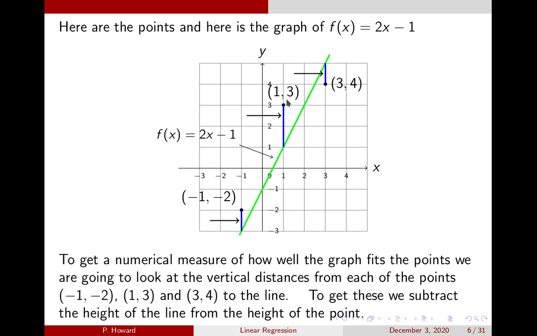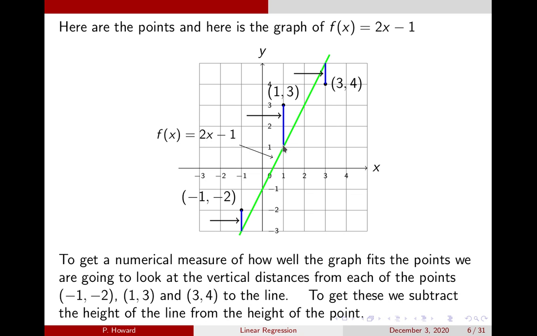Let's look at the point (1, 3), for example. The height of the point (1, 3) is 3. Remember, the second coordinate of a point tells you how high it is above the origin, or above the x-axis. So the height of the point (1, 3) is 3.